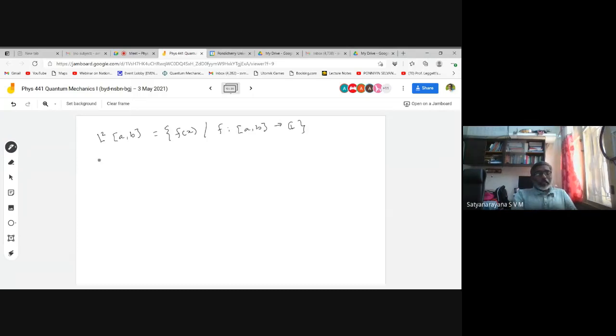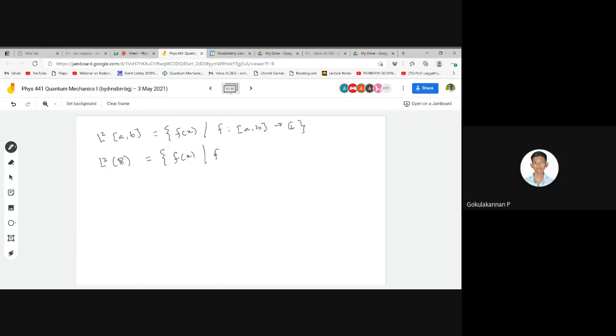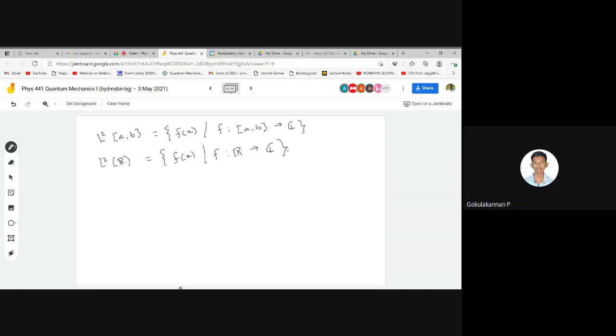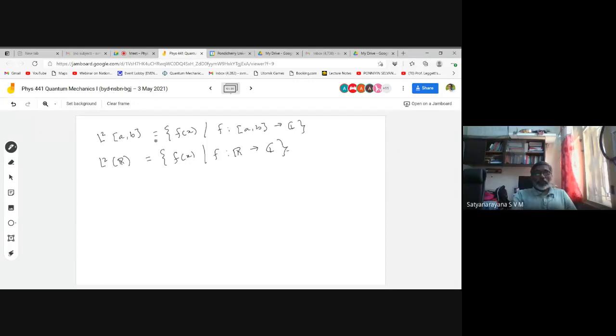And L square of R is the same thing, that f of x such that this function is from the set of real numbers to the set of complex numbers. So in that sense, these functions are different, because the domain of the function here is the interval AB, and the domain of the function here is the entire real line.